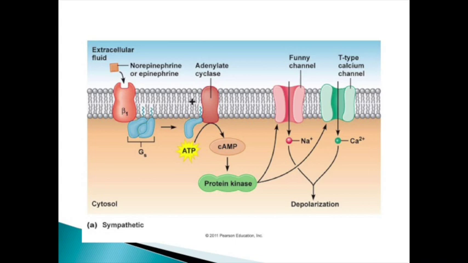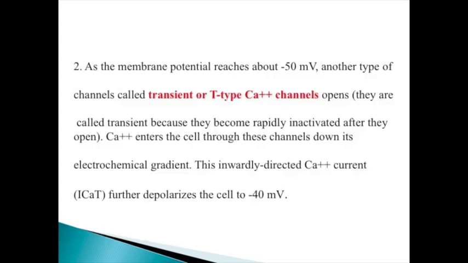We have said that they are called transient because they become rapidly inactivated after they open. Calcium enters the cell through these channels down its electrochemical gradient. This inwardly directed calcium current further depolarizes the cell to minus 40 millivolt, which is the threshold.